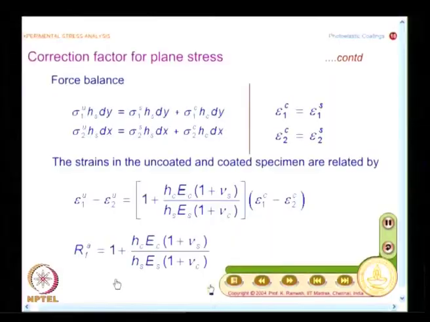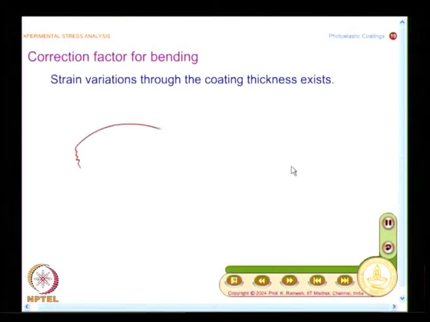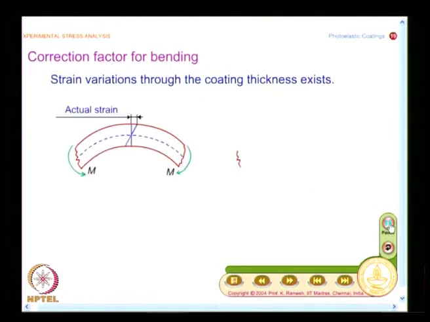So, our interest is, we have looked at what kind of correction factor I need for plane stress. Now, we will move and find out how I go about a correction factor when the specimen is subjected to bending. So, what you have here is a specimen which is uncoated.